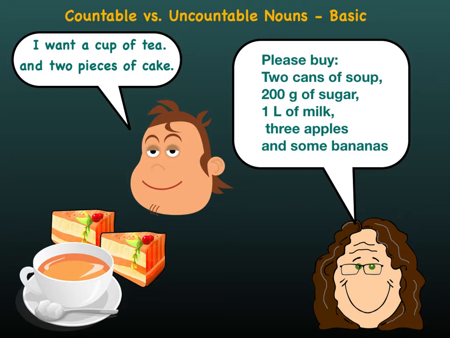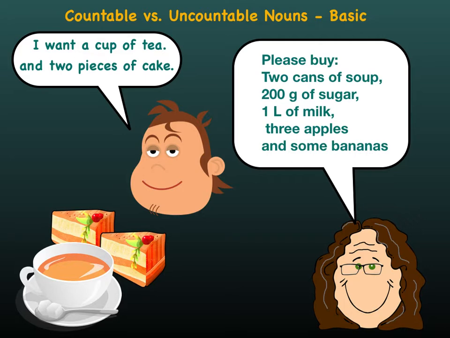She wants 2 cans of soup, 200 grams of sugar, 1 liter of milk, 3 apples, and some bananas. We don't know how many bananas she wants. You can see that there is a mix of countable and uncountable items.